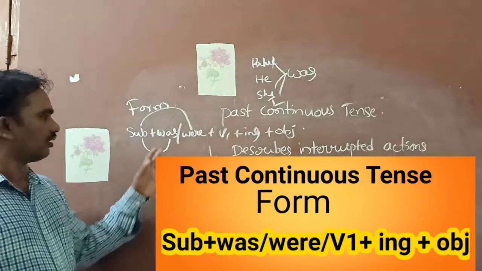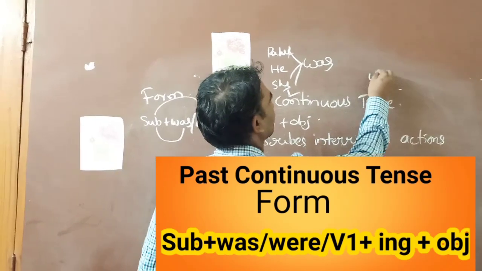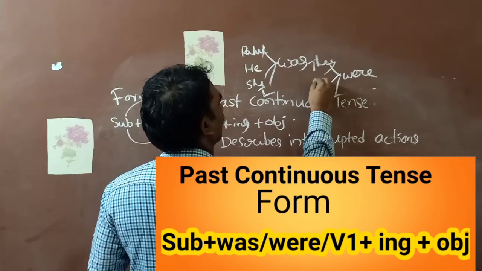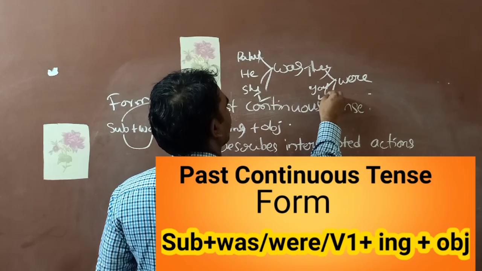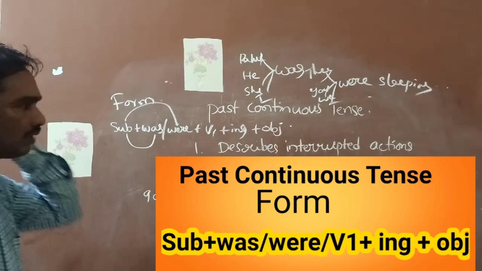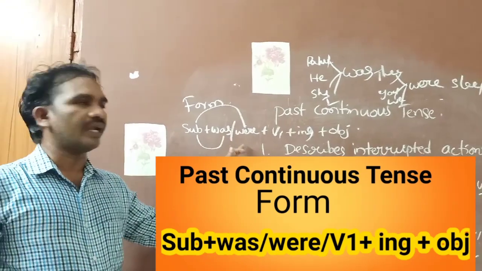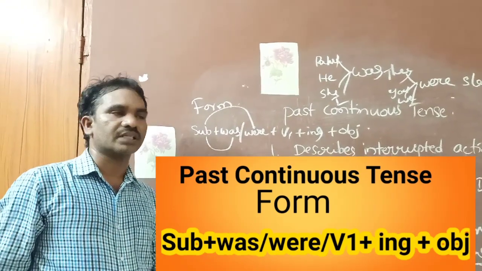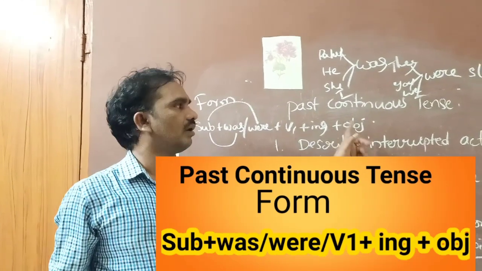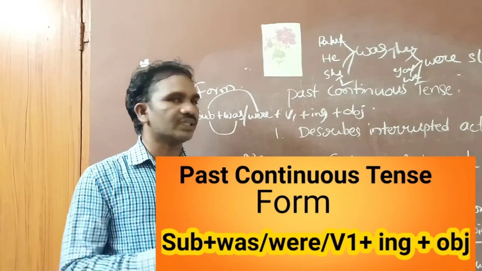Were is for plural subjects. For example, they were sleeping, you were sleeping, we were sleeping. So this is the form. You have to use was or were with the subject, depending on whether you have a singular or plural subject, and V1 takes ing form and there will be an object. Sometimes there will not be an object. So guys, this is the first rule.